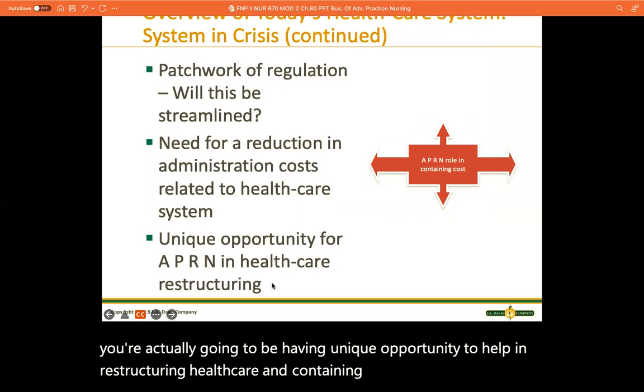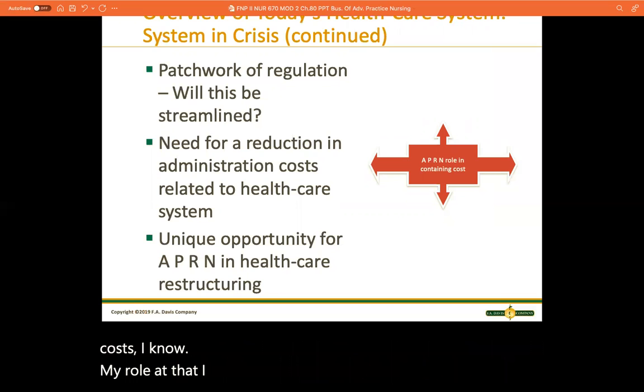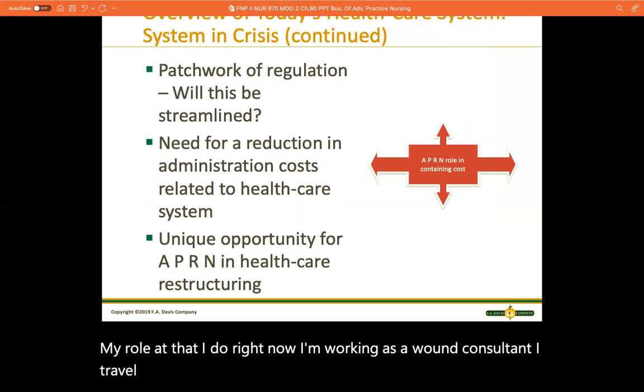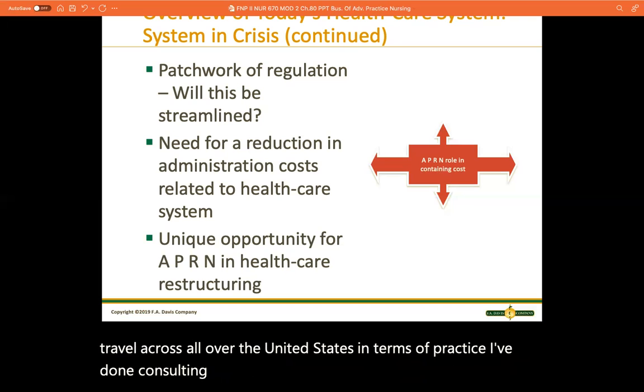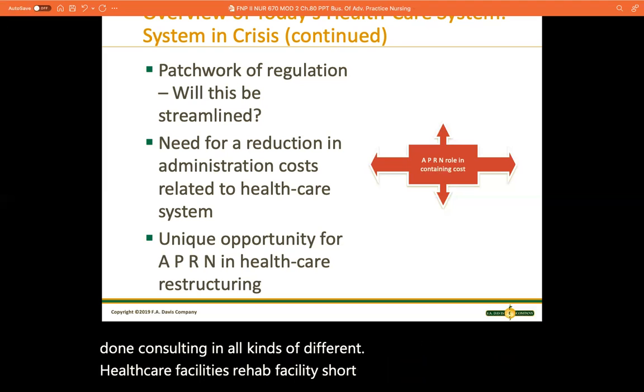I know my role that I do right now, I'm working as a wound consultant. I travel all over the United States in terms of practice. I've done consulting in all kinds of different healthcare facilities, rehab facilities, short-term care facilities all over the country.